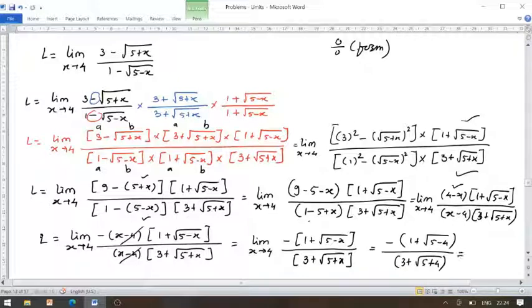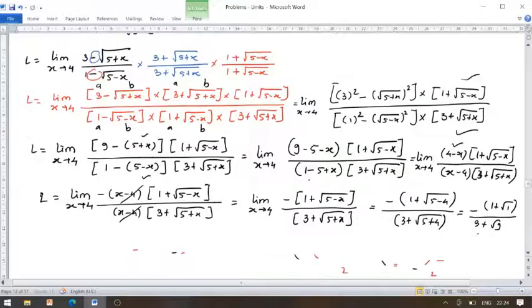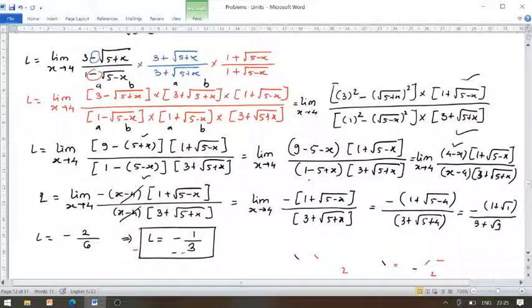So after simplifying, it gives us minus of 1 plus root of 5 minus 4, which becomes 1, whole divided by 3 plus root of 9. Root of 1 becomes 1, so we have minus of 1 plus 1 as 2, while root of 9 becomes 3, so 3 plus 3 becomes 6. So convert it into the least form: 2 1s are 2 and 2 3s are 6. So the value of the given limit L is minus of 1 by 3.